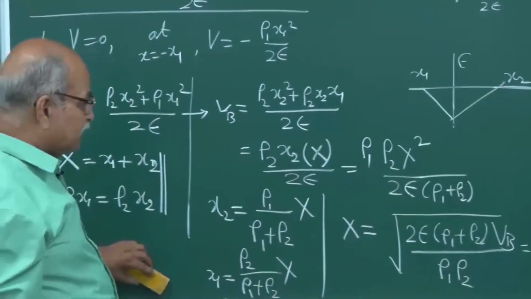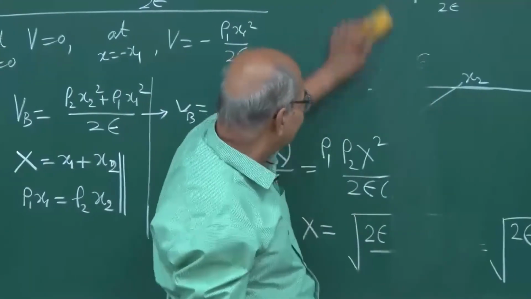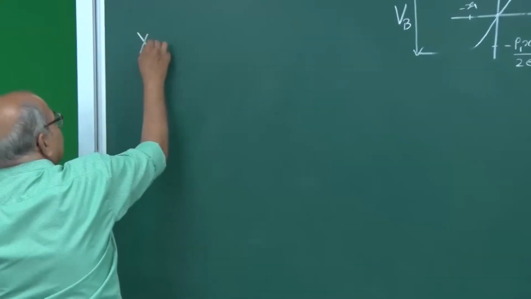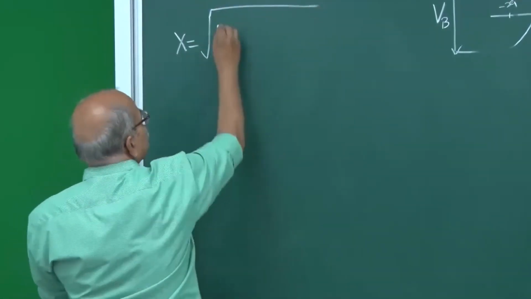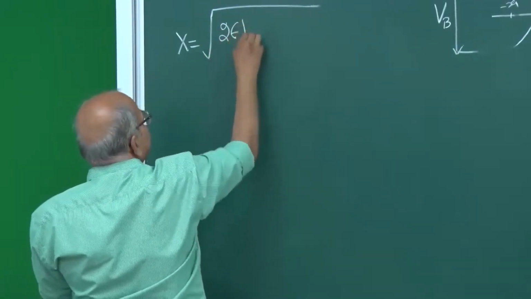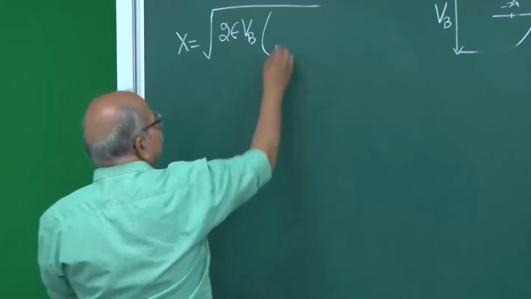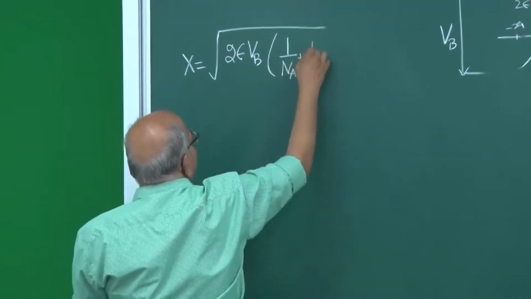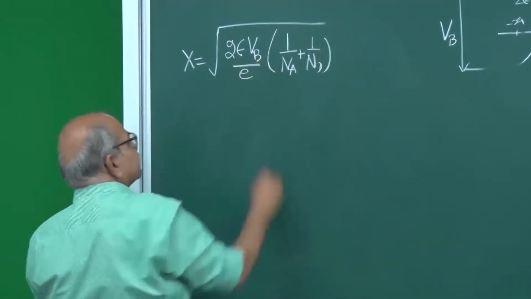All right, so what is the final expression? So this x is equal to square root of 2 epsilon Vb, and then here I write 1 over Na plus 1 over Nd, and E here.